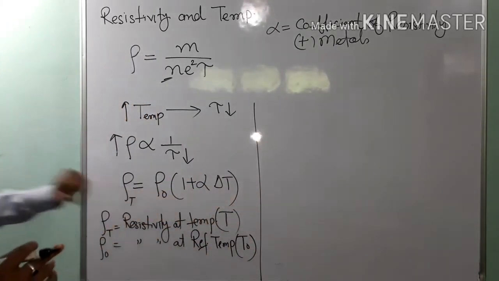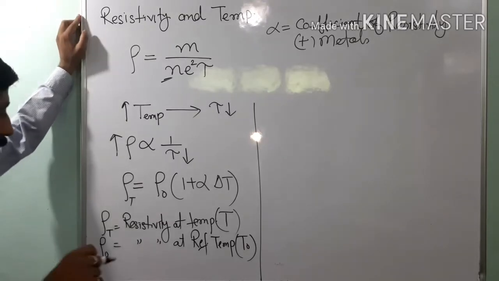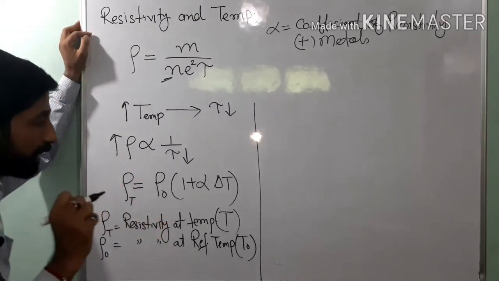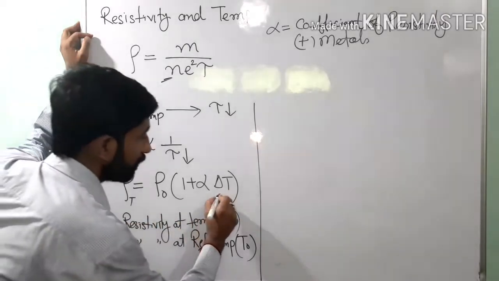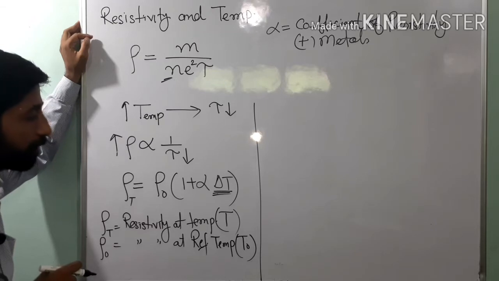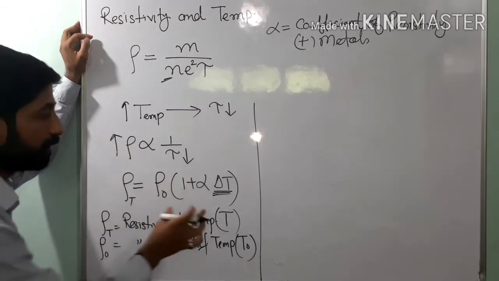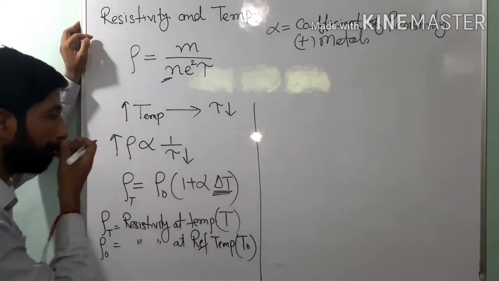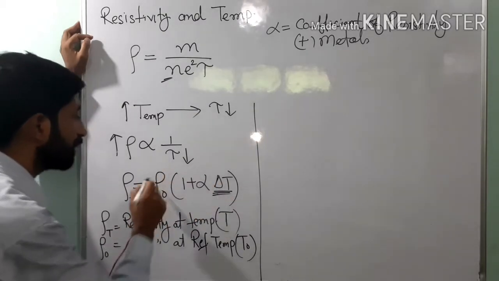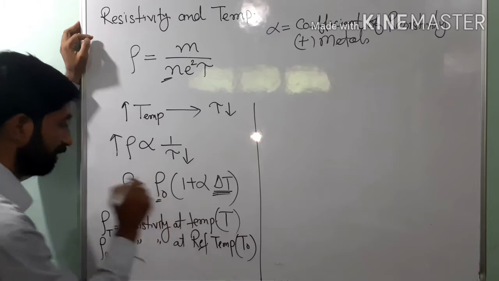Now let's understand what this equation says. This is the value of resistivity at a certain temperature. When I raise this temperature by delta T amount, obviously that is a positive quantity, as alpha is positive as well. So both make this quantity positive. Finally, the right side becomes more than rho naught.